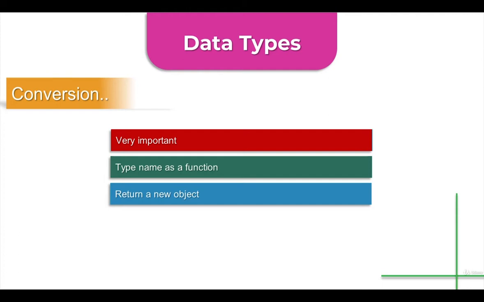To convert between types, it's very simple. We just use the type name as a function. There are several built-in functions to perform conversion from one data type to another, and these functions return a new object representing the converted value. Float, integer, string, they're all converters. Why don't we give it a shot?